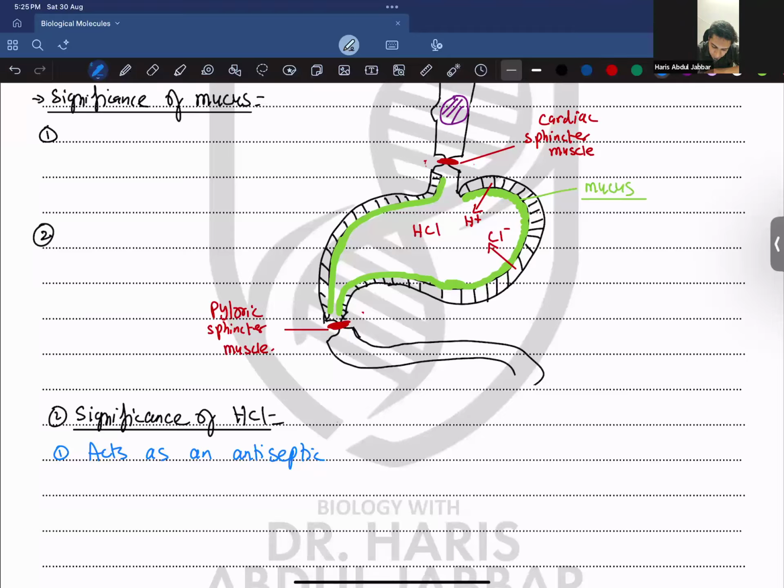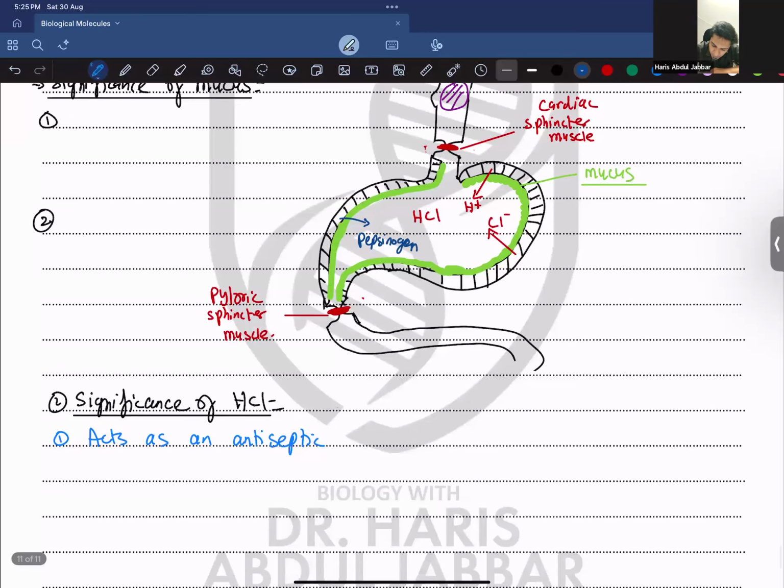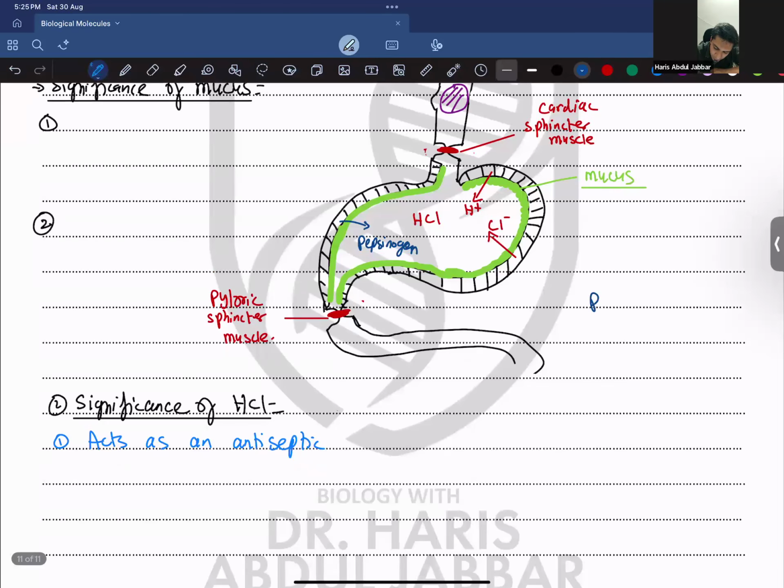दूसरी चीज क्या होती है? When this is done, the walls of the stomach, sometimes along with HCl, they release an inactive enzyme called pepsinogen, right? This pepsinogen that we have is inactive.